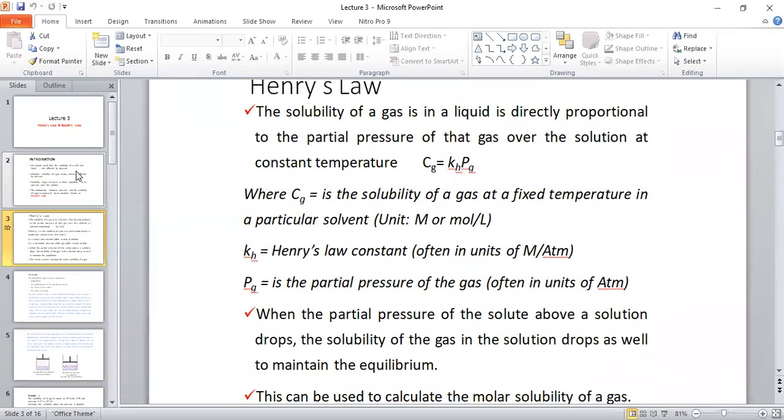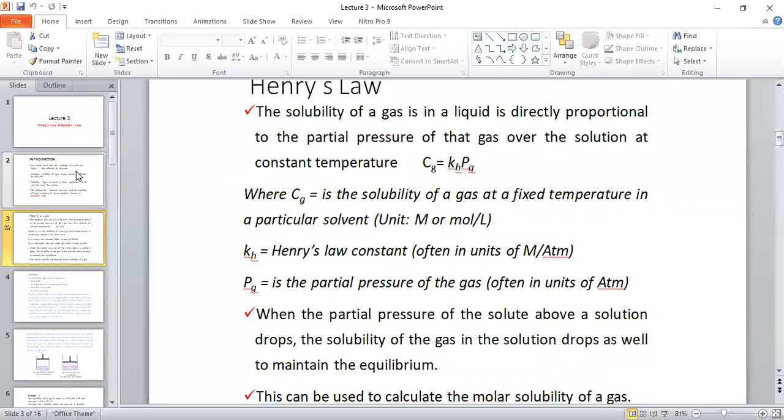And when you replace the proportionality sign with an equal sign, it becomes Cg equals Henry's law constant times the pressure.